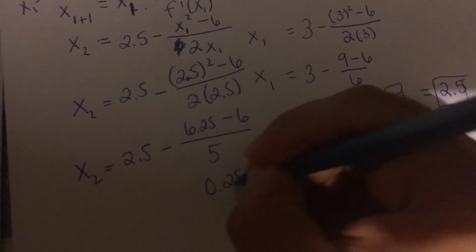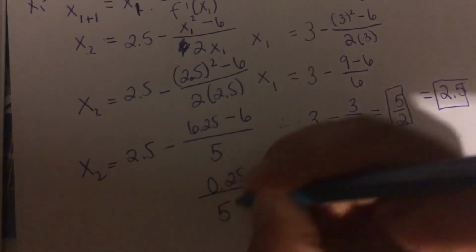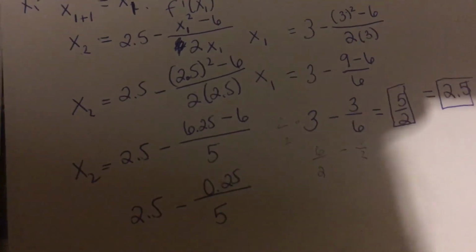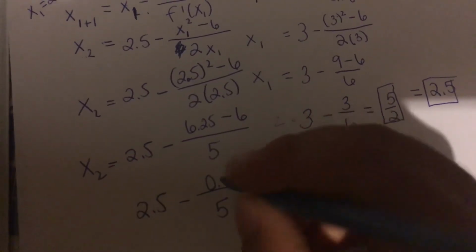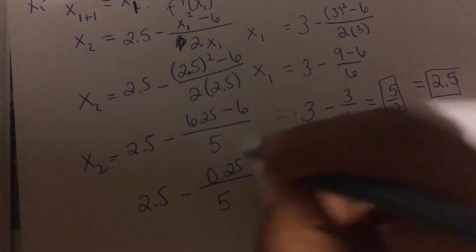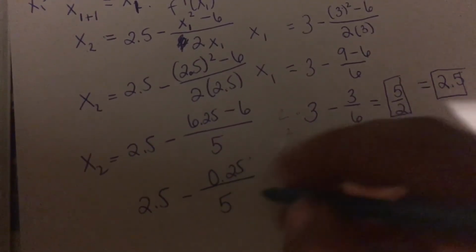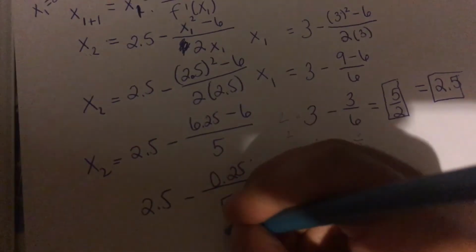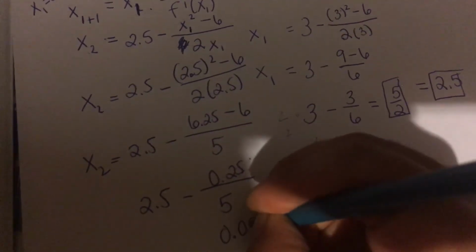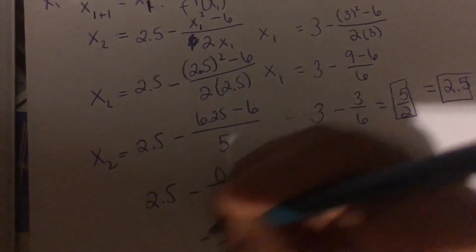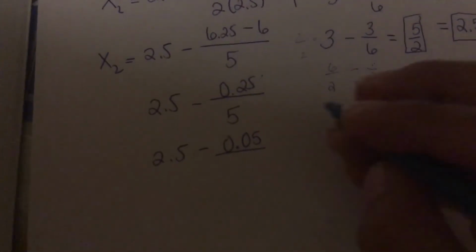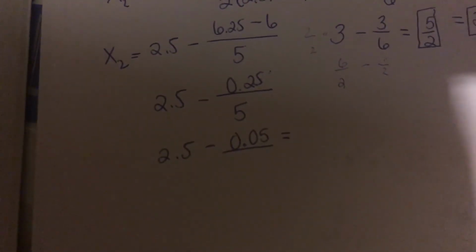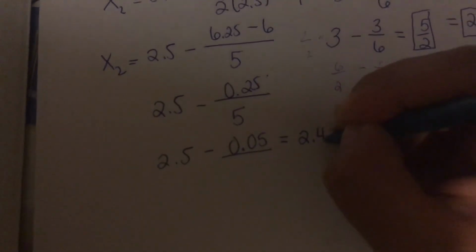That's just 0.25 over 5 minus 2.5. Alrighty, now that we have this done, let's do this part. This is just 0.05, 2.5 minus 0.05 is equal to 2.45.